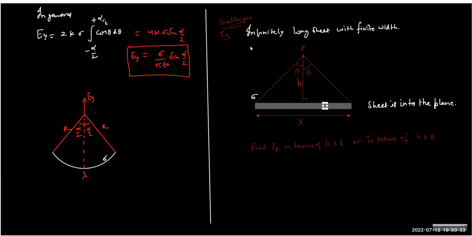Am I audible to you guys? Yes, sir, you are. But this answer has lambda. We have been given sigma, right? Not lambda. Okay, so I got it. If you do this elementary thing again, you're supposed to find the field. Let me do it separately, not to confuse.